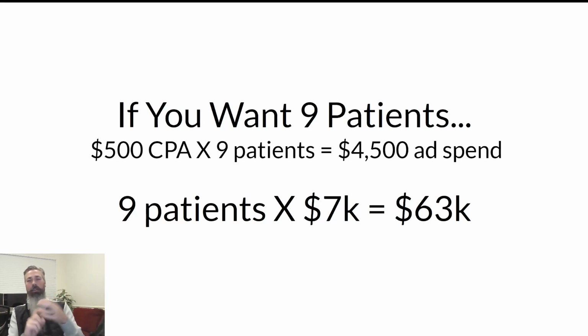There are a lot of ups and downs that can go into this equation to make it better and improve it along the way. But let's say for those 9 patients, with that average value of $7,000 per patient, then that $4,500 investment in ads would be generating $63,000 in revenue to your business.